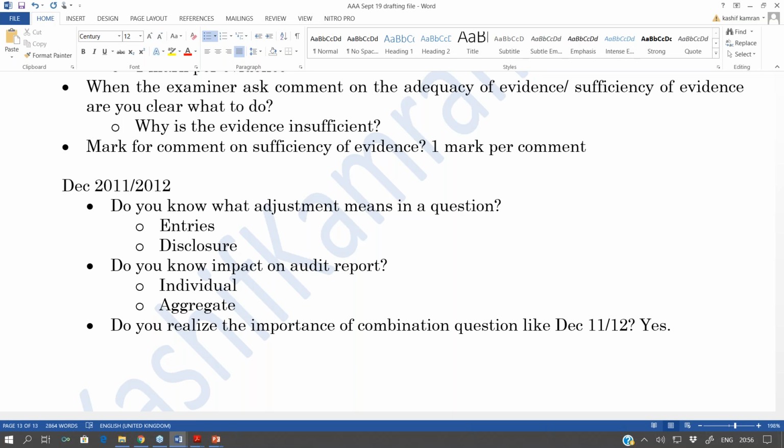Okay, there is a question coming from Bilal Farooq asking, please also explain what are typical matters which we should discuss with management and those charged with governance, as I have seen this requirement in so many questions.